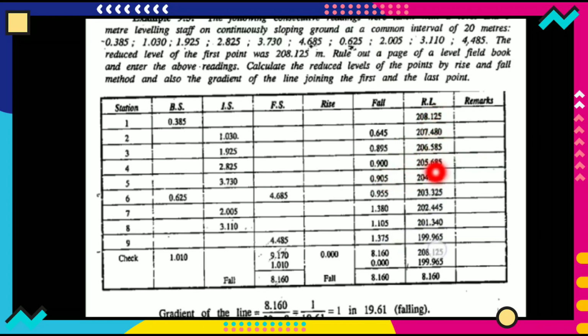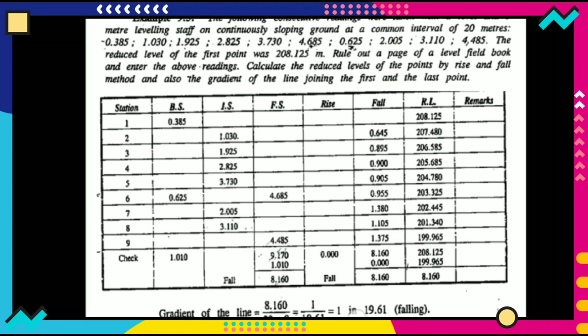Like that we calculate the reduced level of all points, and here summation of last reading minus first reading. So your last reading is 199.965 minus 208.125, the answer will be minus 8.160. So summation of rise minus summation of fall is equal to minus 8.160, and this is also minus 8.160. If these three columns are the same, then your question is right.